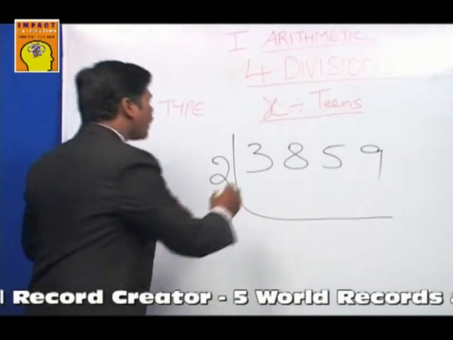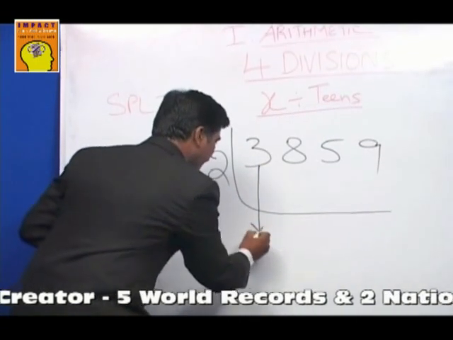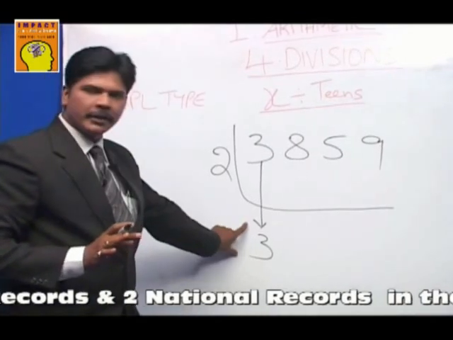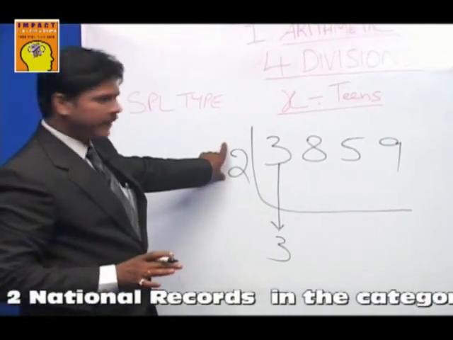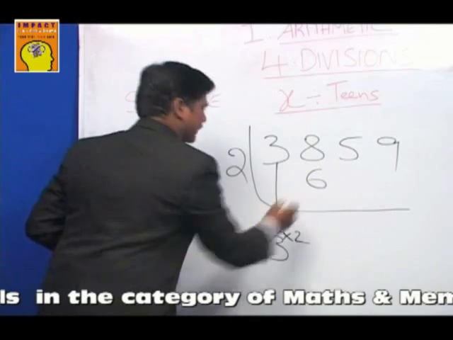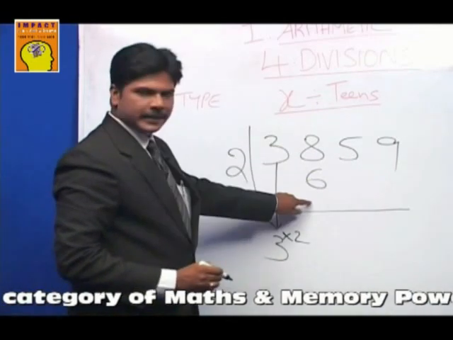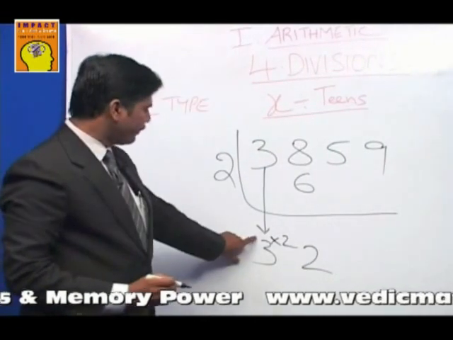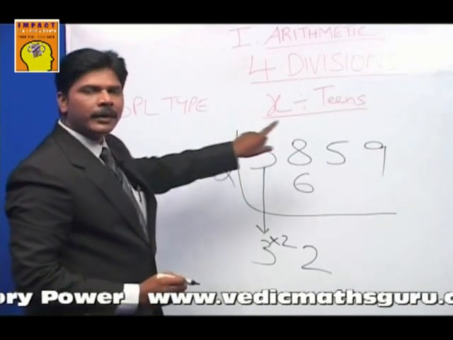The first step is whatever is the first number, drop it down. Now the rule says, whatever you have at the bottom, multiply with the divisor. Here the divisor is 2. Multiply 3 times 2, you get 6. How much is 8 minus 6? You get 2, so write it down here.